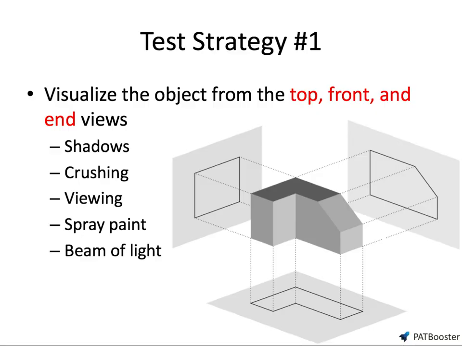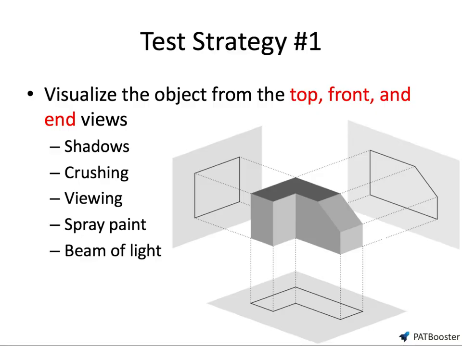Well, there are a lot of different methods, and like I said before, I'm going to be sharing all the strategies that I know of, and you can decide for yourself which one works best for you. So the first thing we can do is to use shadows. It would be like visualizing the shadow that an object will create if you shine a light from above, from the front, and from the side, and what kind of shadow that would project on walls that are positioned behind the object, like you can see here.